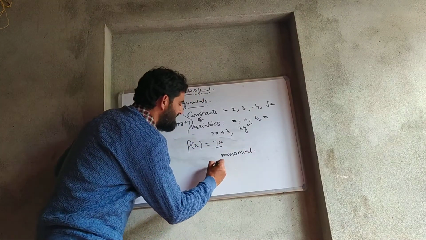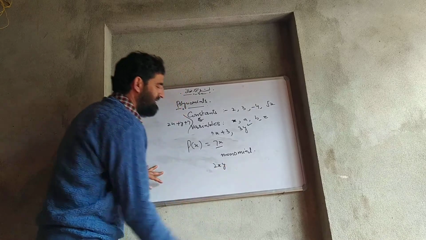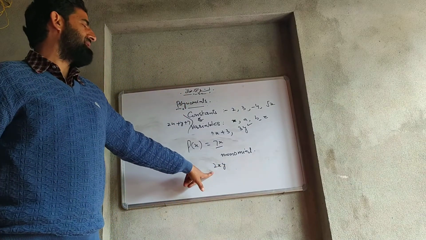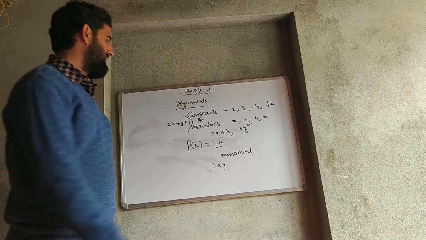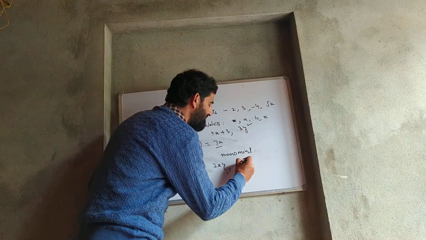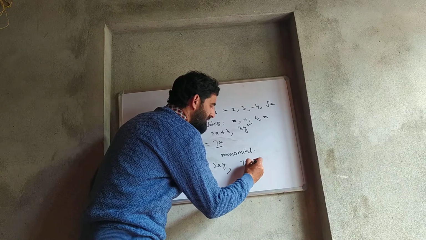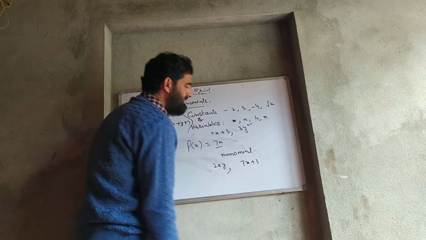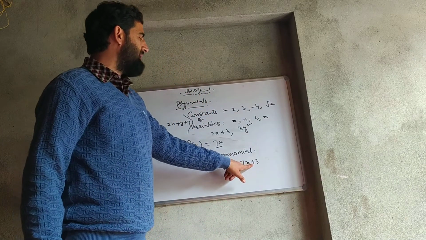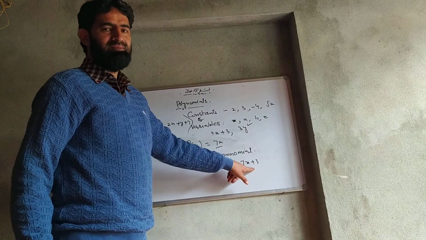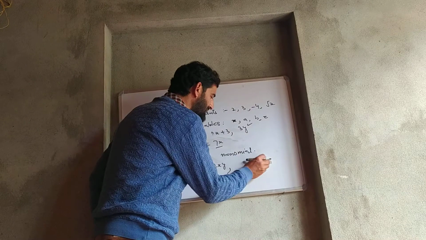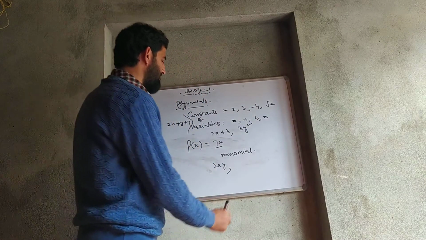If we write 2xy, again there is only one term, a monomial. If we write 7x plus 3, when there is a sign of plus or minus between two terms, then it is not a single term. These are two terms. This is not a monomial.